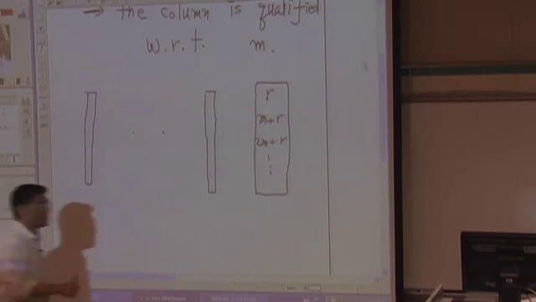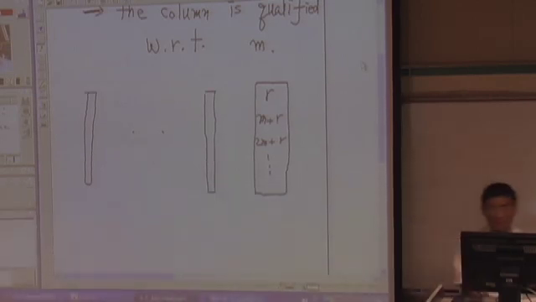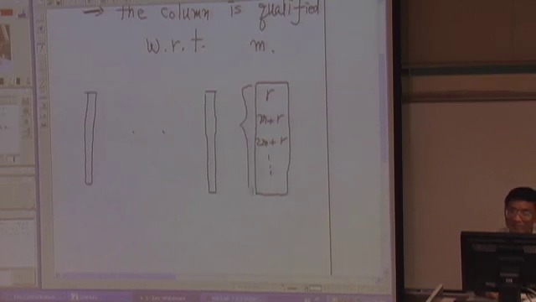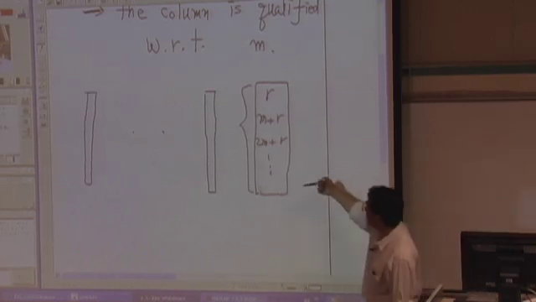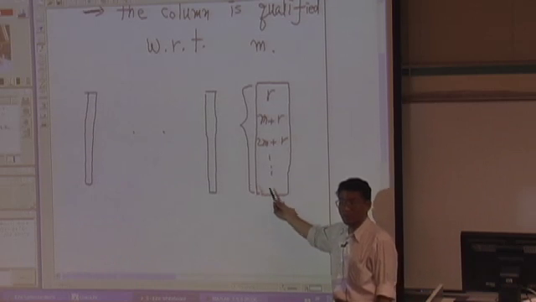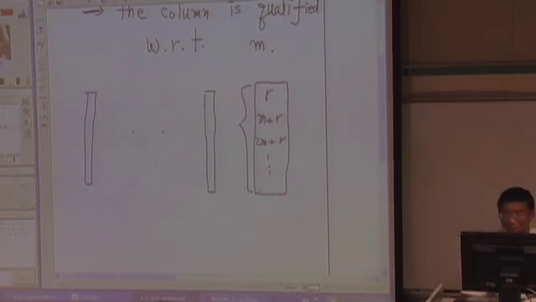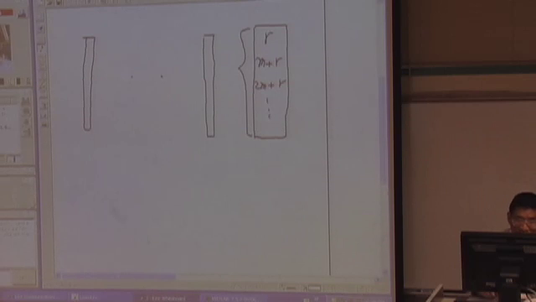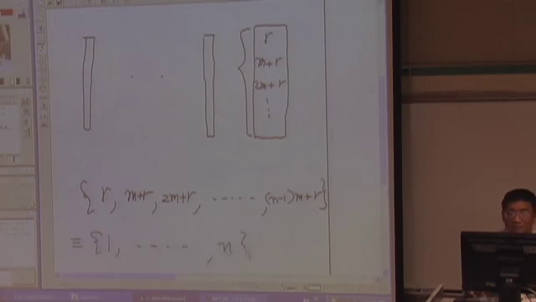Then next step is picking on specific columns such as this one, right? We can pick on this specific column. And then for this column, we show that R, M plus R, and then 2M plus R, and then N minus 1 M plus R is congruent to 1 through N, right?